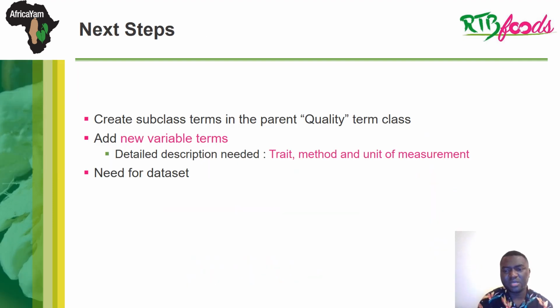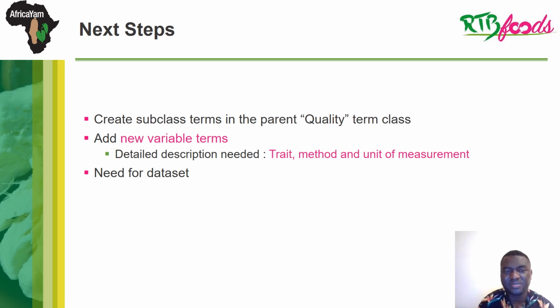Our next step, we want to create subclasses in the parent quality term rather than lumping them. Like I said, we want to reorganize by attribute, and we need to add new terms. We need to describe them. And this still hinges on having data sets. Once we have the terms, we describe the method, the trait definition, the scales, and it's all about getting the data.